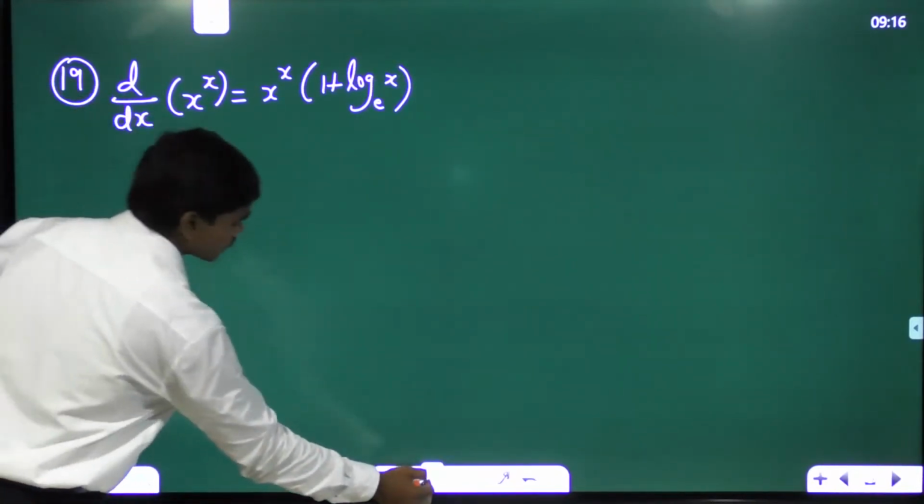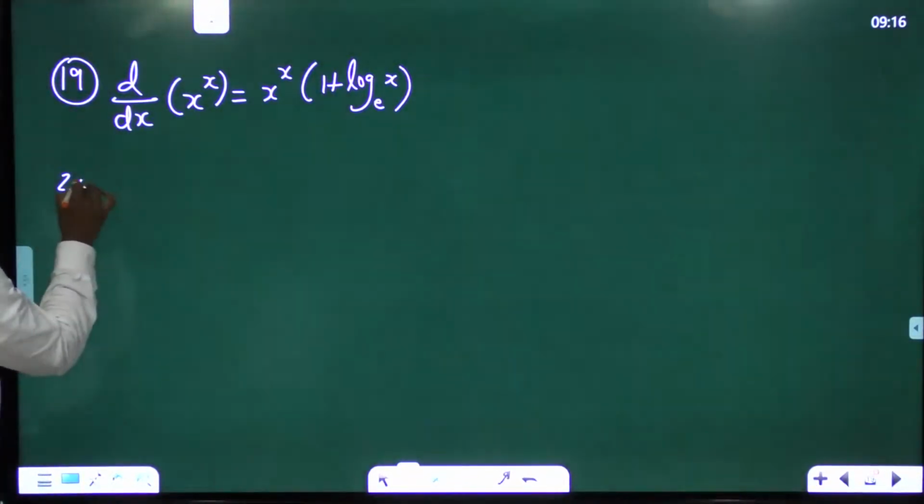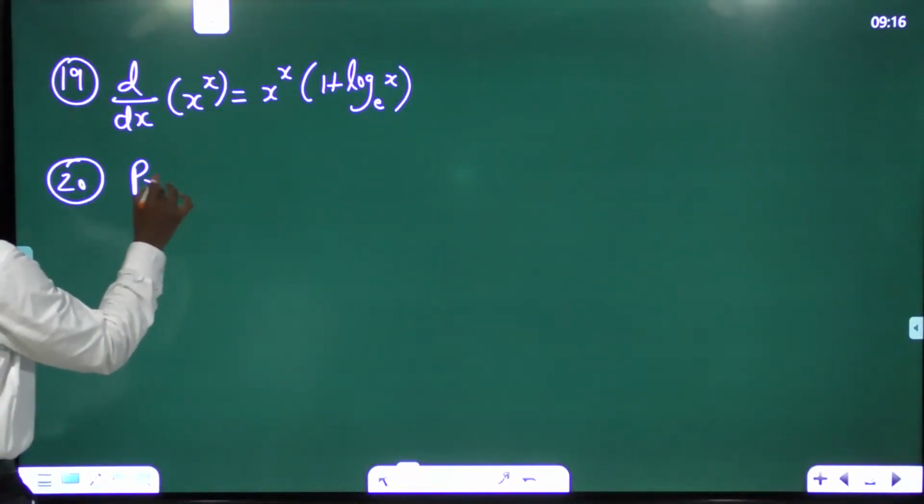And before going for finding actual derivatives, I would like to give you a few things. Product rule of differentiation.